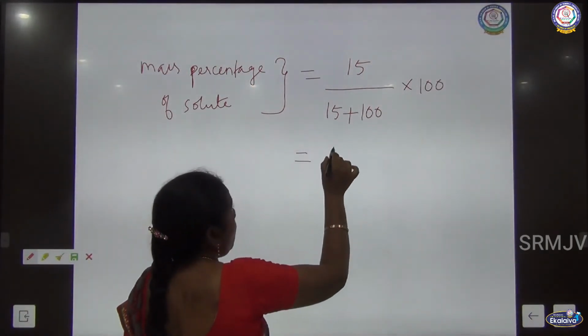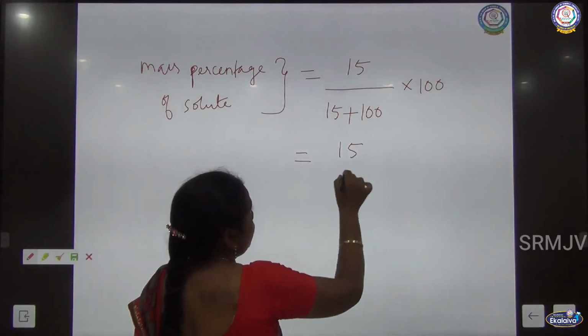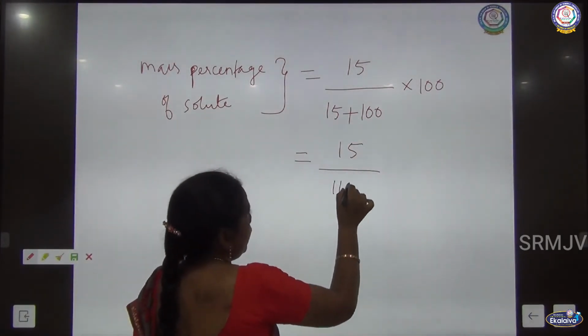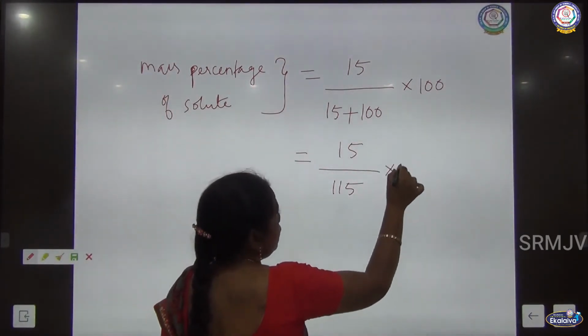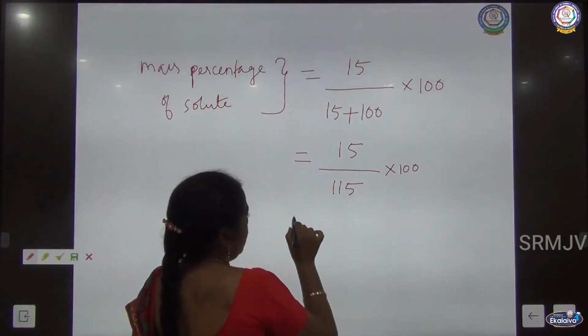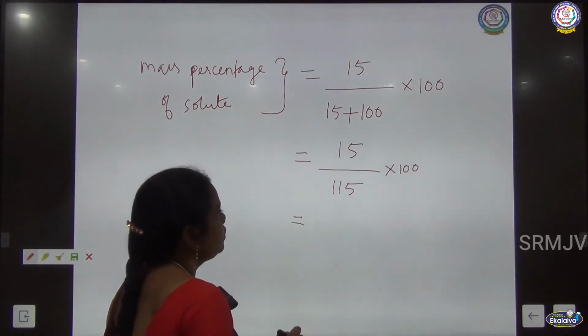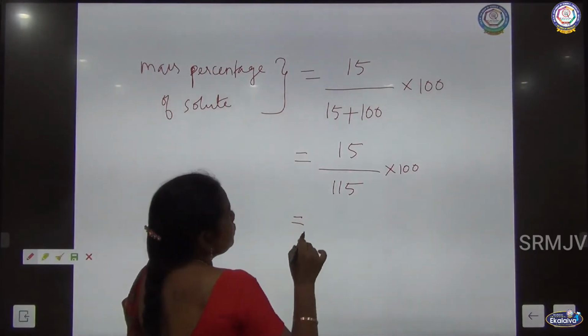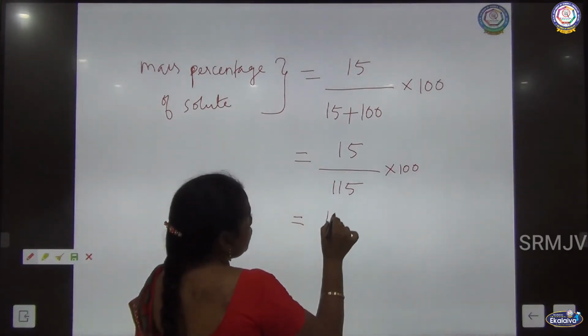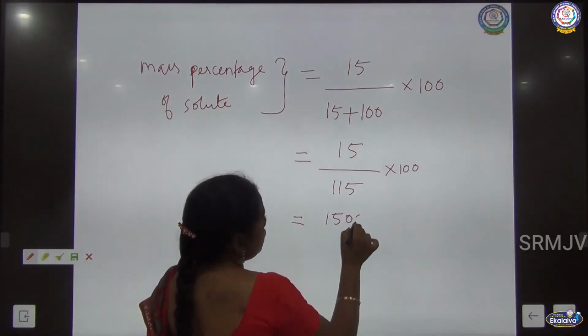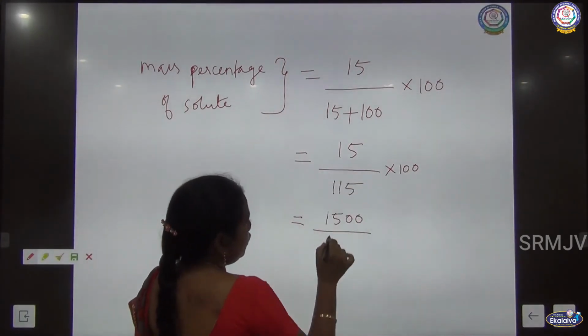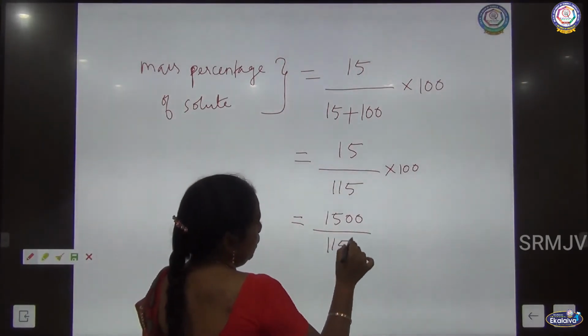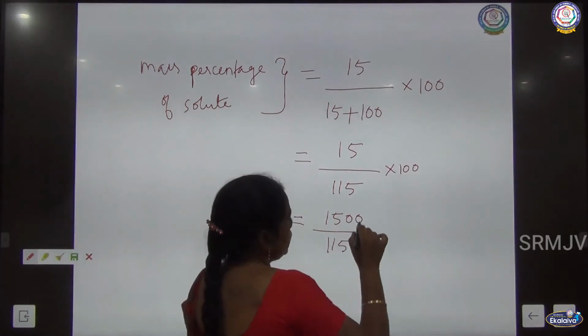So now 15 divided by 115 into 100. Now you write 15 into 100, 1500 if you multiply, and this becomes 115.